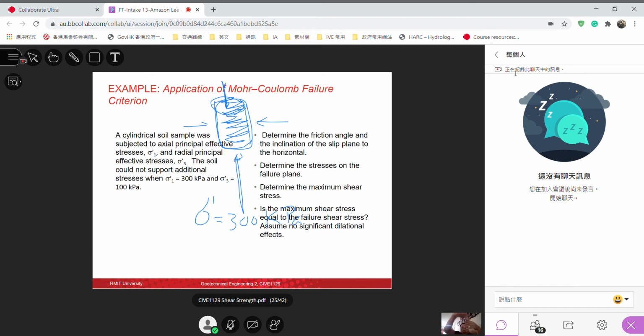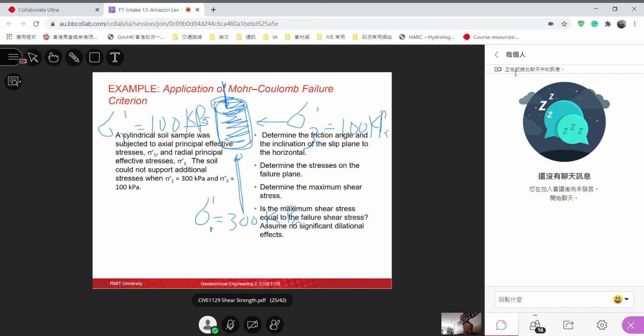Usually we apply water pressure. We get the confining stress. The major principal stress is sigma 1, and the minor principal stress sigma 3 is 100 kPa.